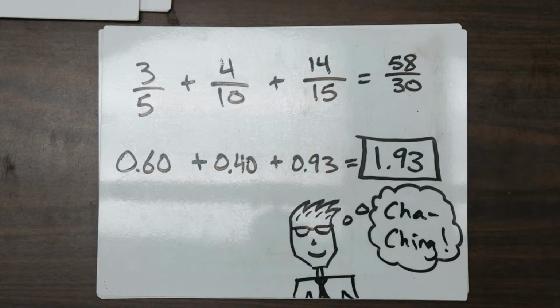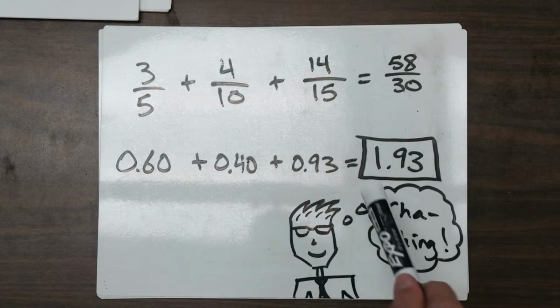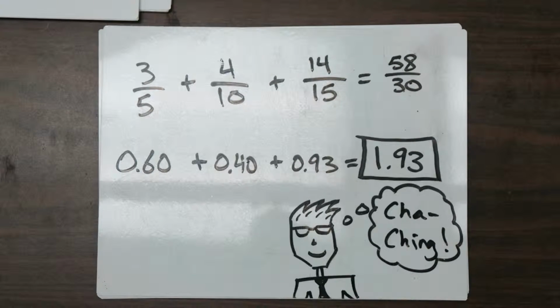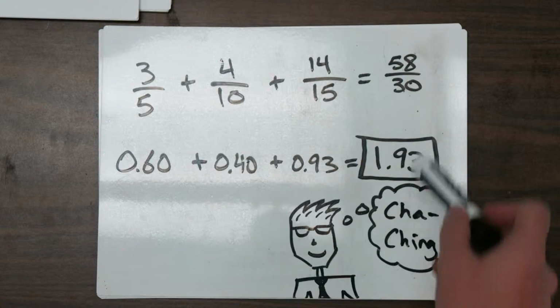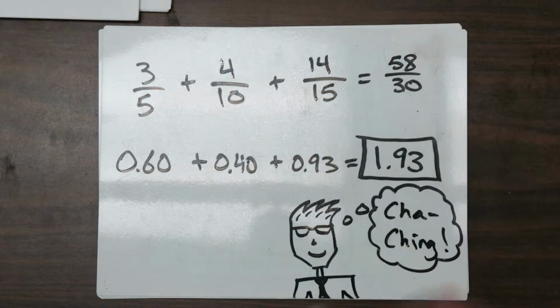This is much easier for our brains to comprehend, to really assign value to. I can think of this as $1.93. So I understand that better when it's put in terms of decimals, as opposed to this crazy fraction.